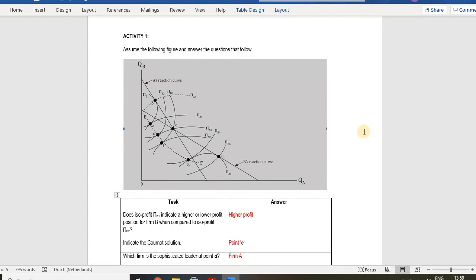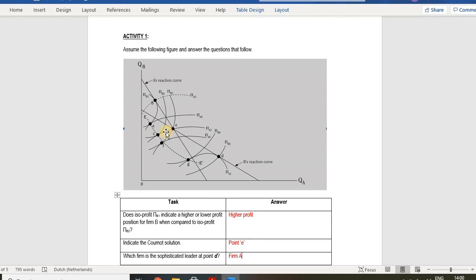Indicate the Cournot solution. Okay, the Cournot solution is a point where the two firms are at equilibrium, right? So they are at equilibrium at point E. This is the point. At point E, firm A realizes a profit of A3.